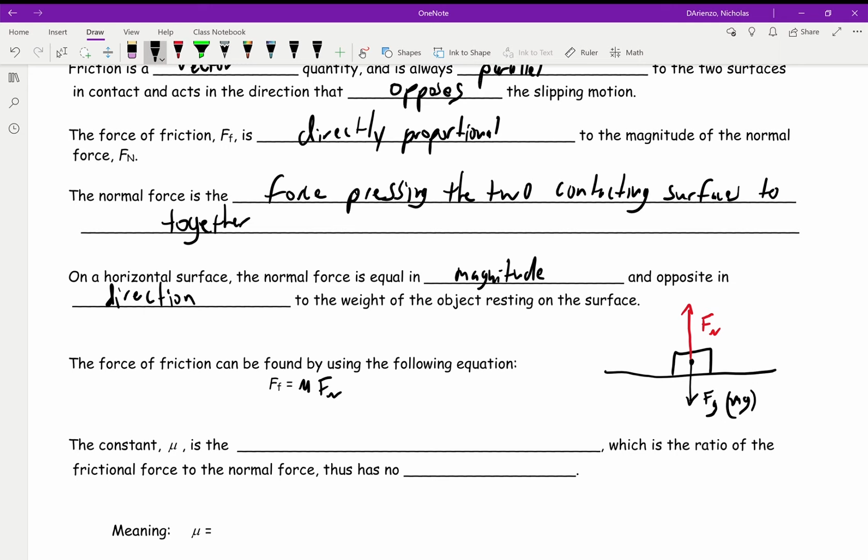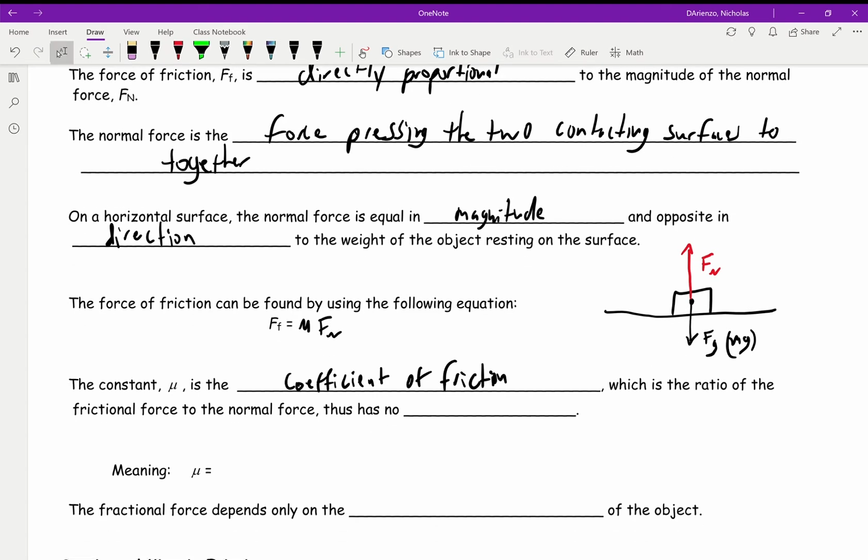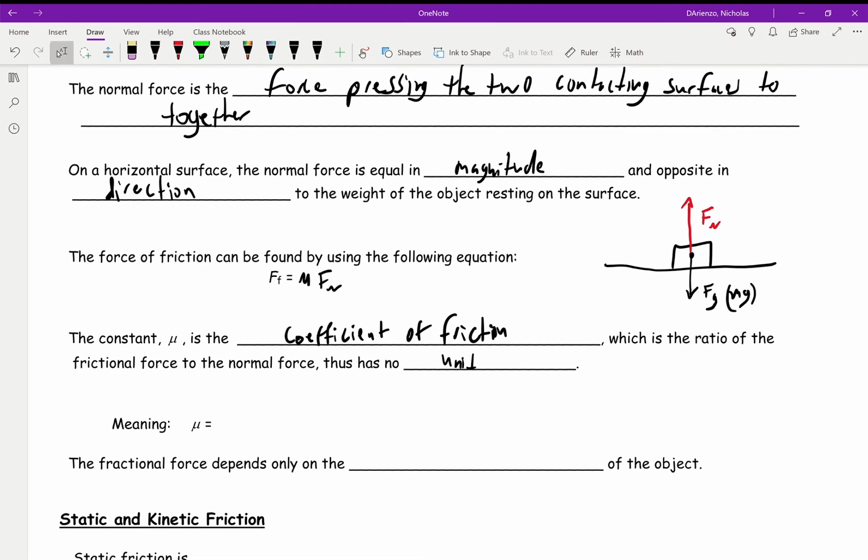So the constant here, the mu, is the coefficient of friction, which if we rearrange this, is actually the ratio of the frictional force to the normal force, and therefore, since it is a coefficient, it has no unit. So if we rearrange this equation here, we'd get the ratio of the friction force over the normal force, and that's going to be our coefficient.